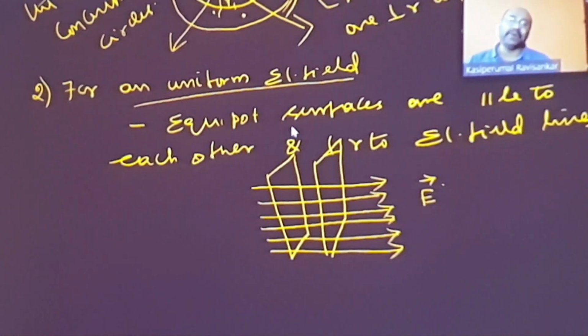That is what I have written here. Equipotential surfaces are parallel to each other and perpendicular to the electrical field lines. So this is how we get the equipotential surfaces in the case of the point charge and in the case of a uniform electrical field.